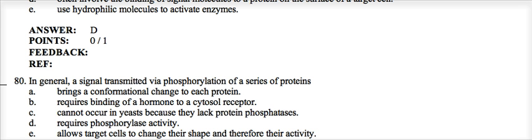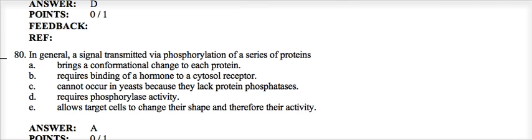Right, so this is the kind of question that can really throw you because every one of them is so different, and if you don't know this vocabulary, it's really tricky. So the answer is A, okay? It brings a conformational change to each protein.